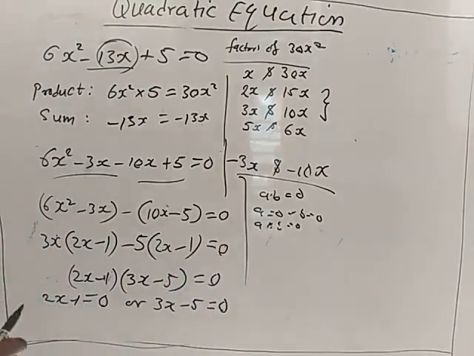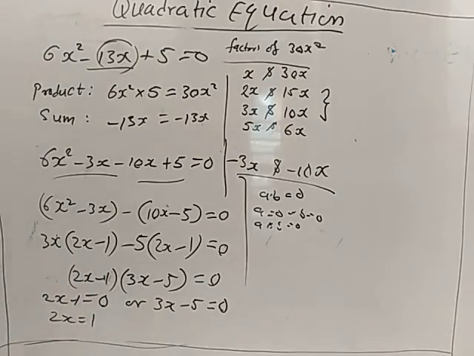Therefore, we collect the like terms. Now, to collect our like terms, we have 2x equal to, move this one to this side, then we have 1. As this one moves to the other side, the sign changes to positive.